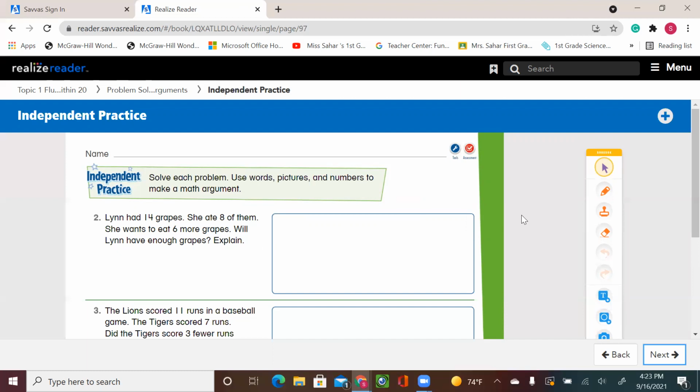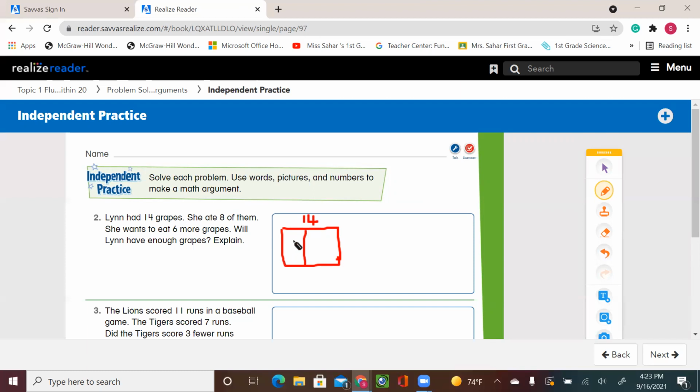So I can help myself and draw, try to make it straight. Total 14.